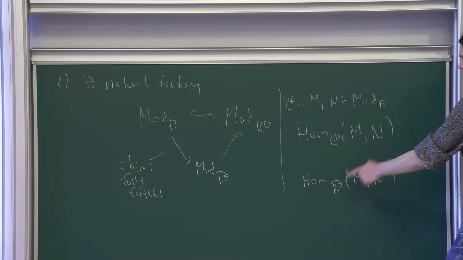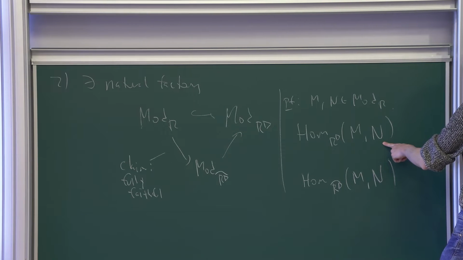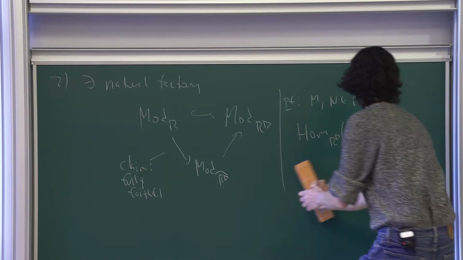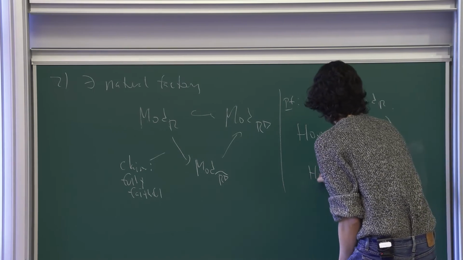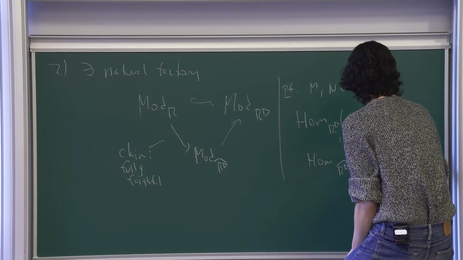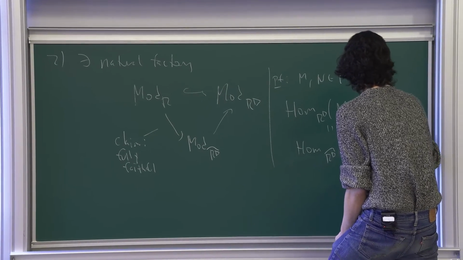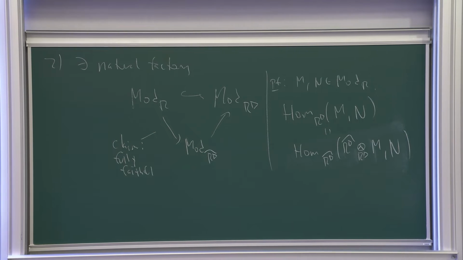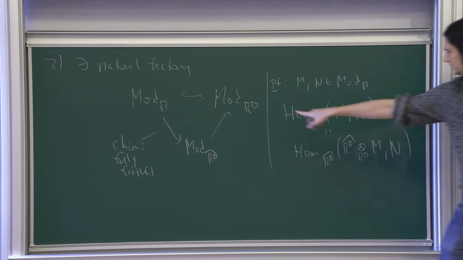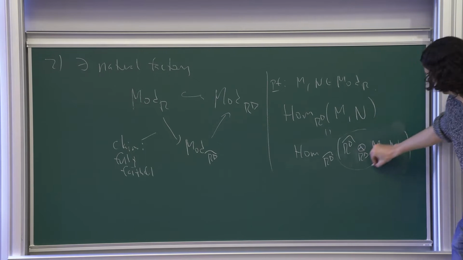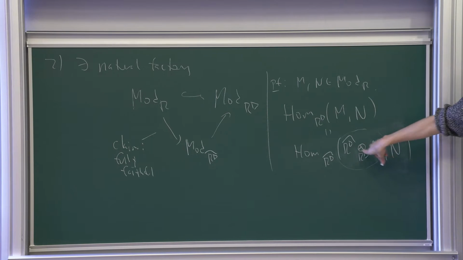So N is an R triangle hat module. Therefore, this one is the same thing as, oh, I'm sorry, I think I should give myself a little bit more room. So this is the same thing as Hom R triangle hat from R triangle hat tensor over R triangle M to N. But now, since N is complete, since N lies in mod R, we can apply the completion functor to this too, and we'll get the same thing.